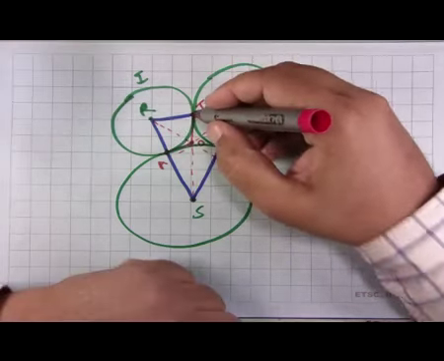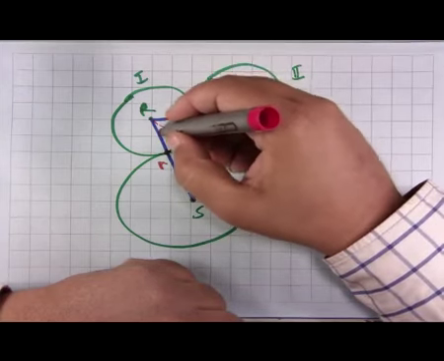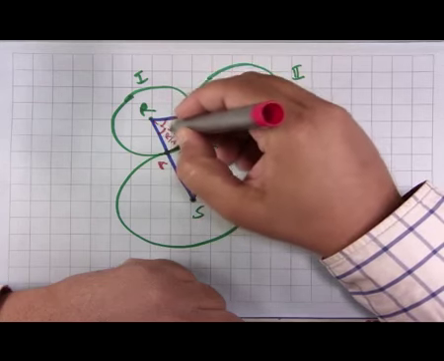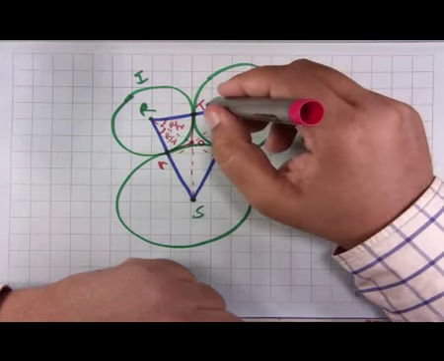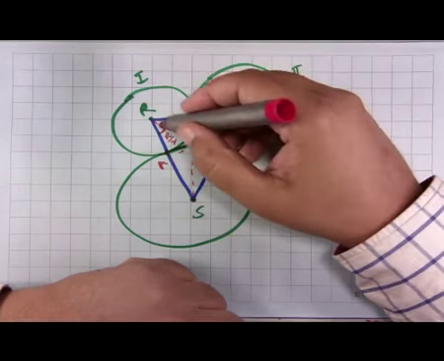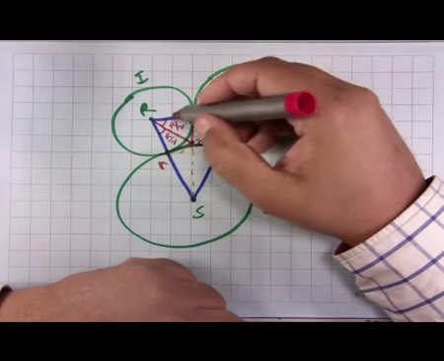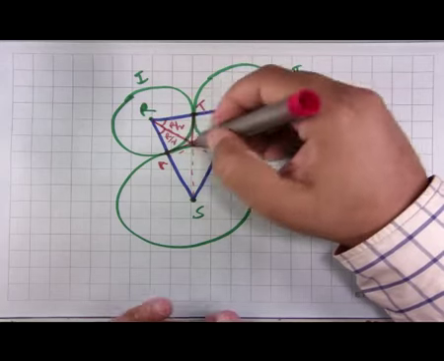Since this dotted line is an angular bisector, these two angles are equal to angle R over 2. Further, this side is common to both these triangles, the triangles RTO and RAO.